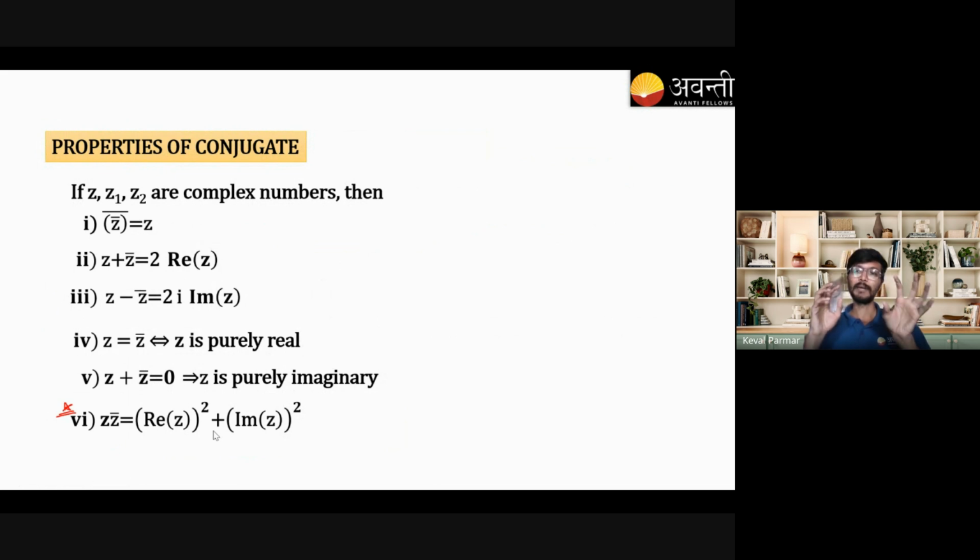We get real part squared plus imaginary part squared. As you know, z and z bar are conjugates, so we get a plus ib into a minus ib, which is a squared plus b squared, since the i squared becomes minus. Correct, guys? So this is an important property. Let's see the next.